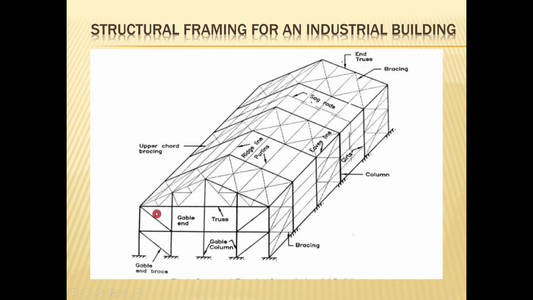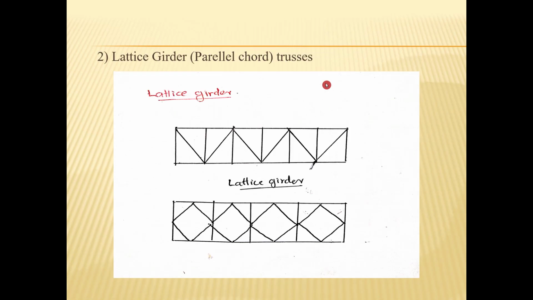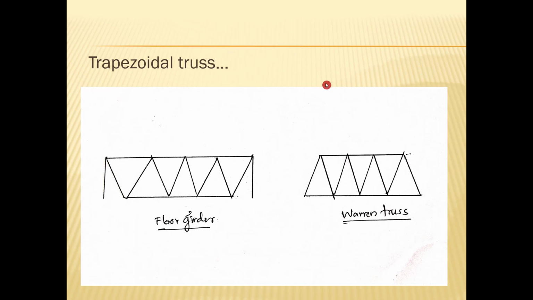Once you finalize the truss geometry, you can design the truss individually. Then after arranging all the trusses, you have to analyze in STAAD or any other structural software to find the loads acting or the member forces on these individual components, and you have to design accordingly. These are the main basic design things.